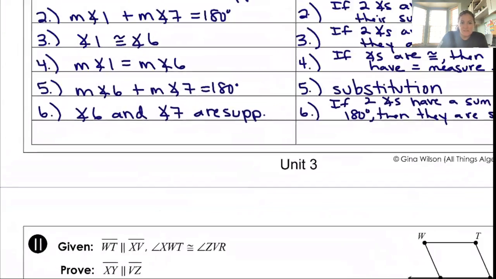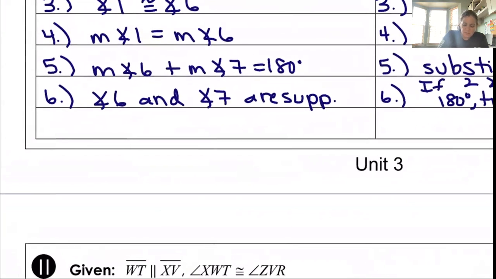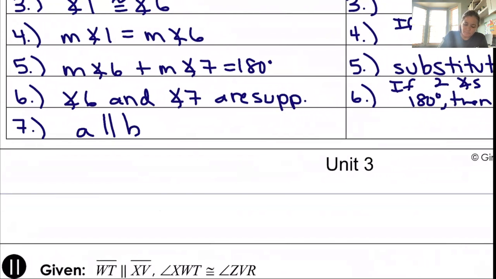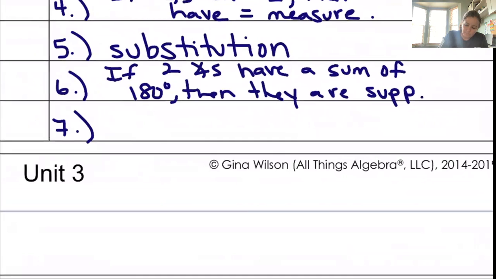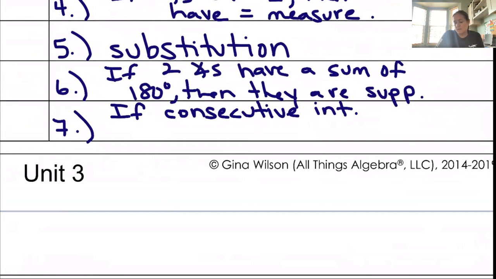And then since 6 and 7 are supplementary and they're consecutive interior, then I can say that A is parallel to B. And that's if consecutive interior angles are supplementary, then the lines are parallel.